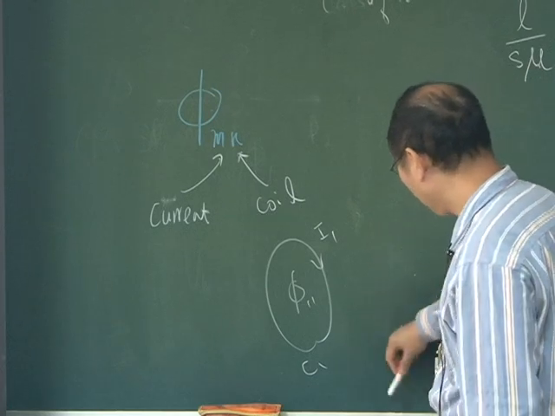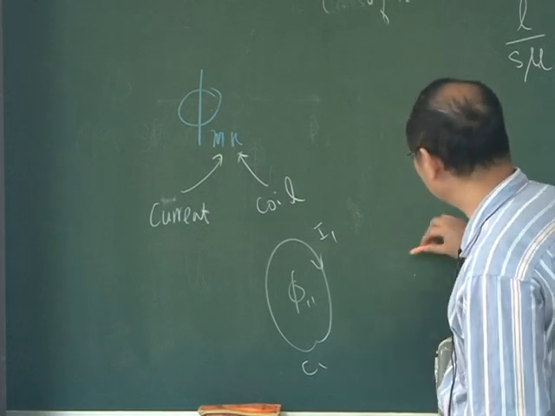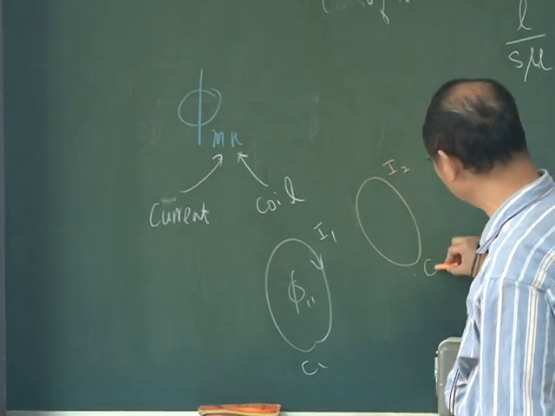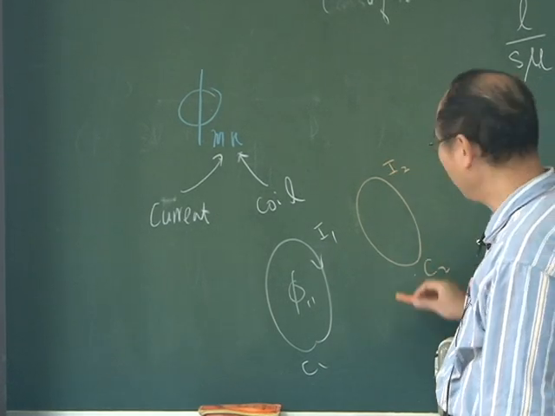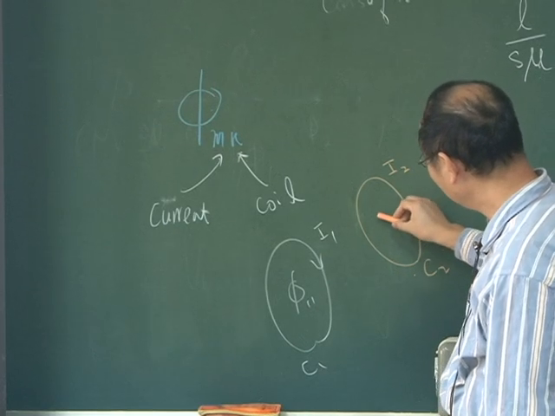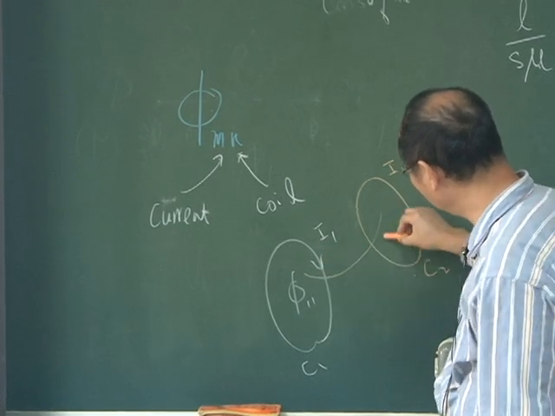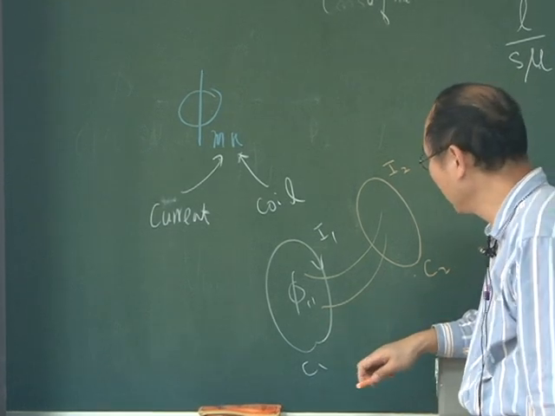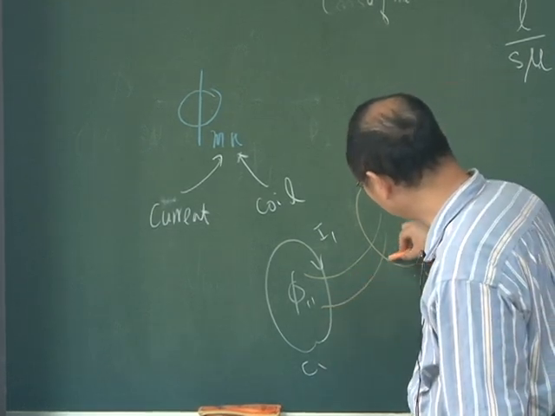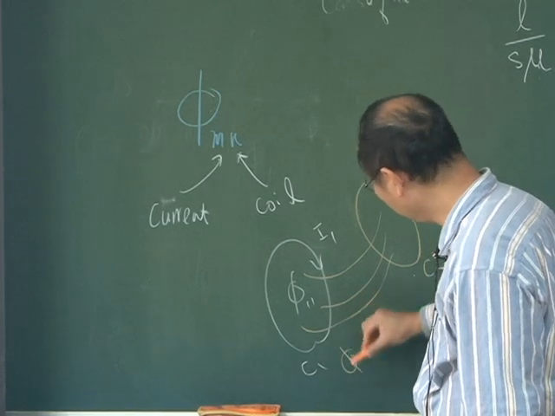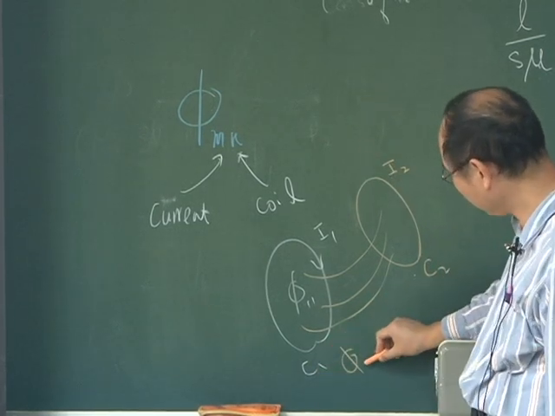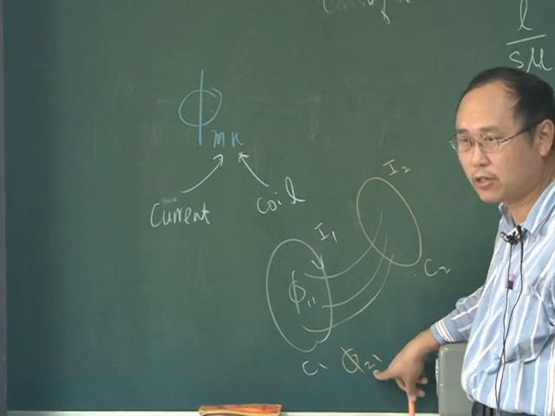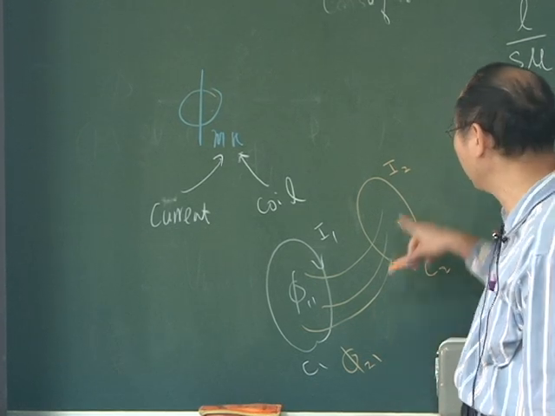Okay. And if I have a second coil, this is I2, C2, and this will generate magnetic flux going to this first coil. And this phi is called phi 21 because the first index refers to the current.